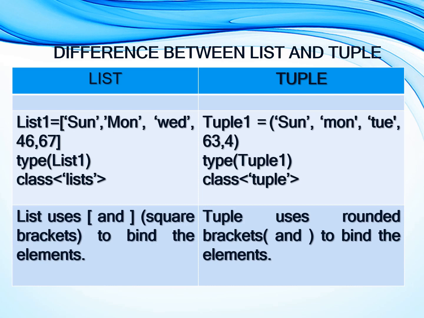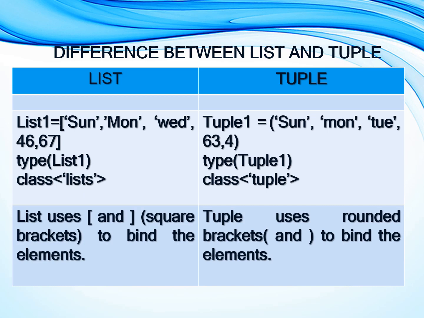We'll check some of the basic differences between the list and the tuple. List and tuple are basic built-in data types available in Python, but the major difference is how the elements are represented within brackets. As you can see, a list uses square brackets to bind the elements within it, while a tuple uses parentheses, or rounded brackets.